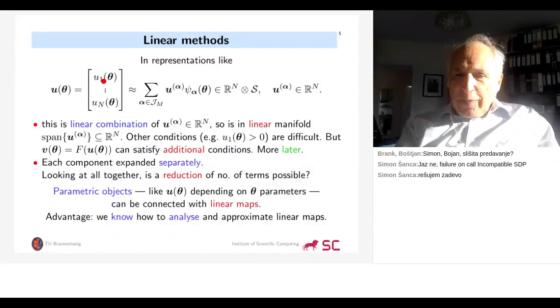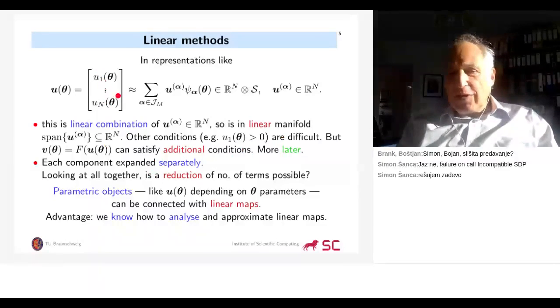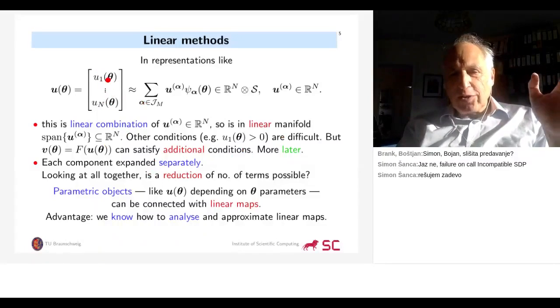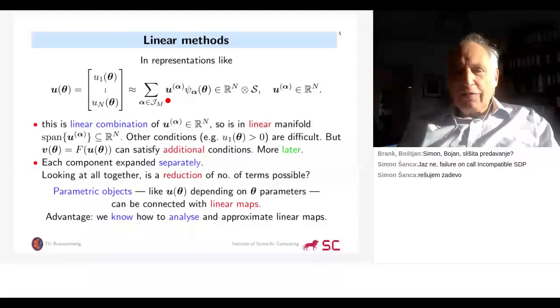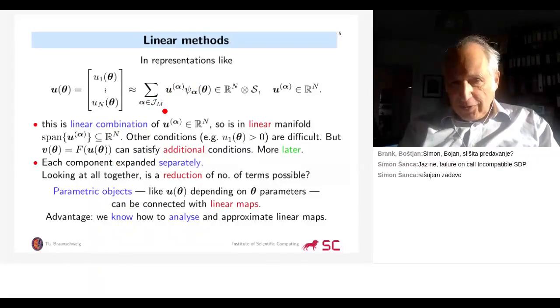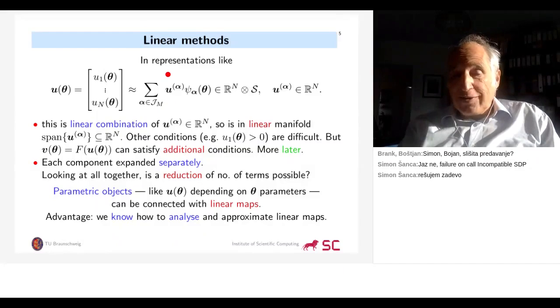We actually expanded each component separately. That's what we did when you look back. But the question is, when we look at it all together, can this be a way of reducing the number of terms here? One I pointed out already: if there are too many terms in this expansion, then obviously it's not necessary because the number of vectors here is linearly dependent. And you only see this when you look at all of them, not just at each component.